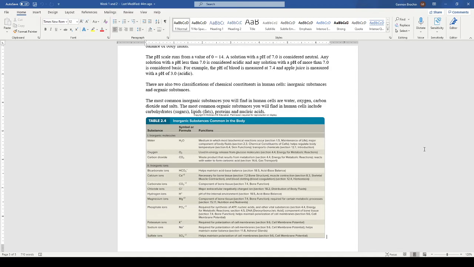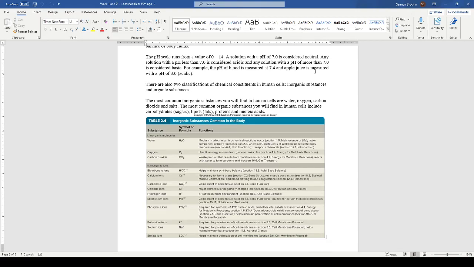If it actually leaves outside of that range, we start to have different diseases related to that. You can have basic blood, you can have acidic blood, and they result in very different things. Okay, so remember, hydrogen ions, when they're in their H+ form, they're not bound to anything else, just the H+ ion is a big component of what pH is.